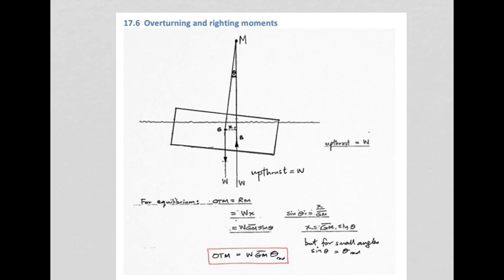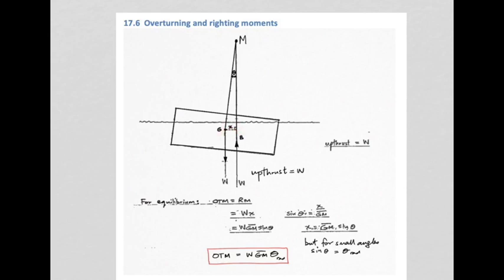And when something is then stable, we have equilibrium obviously, which means that whatever overturning moment is present is equal to a righting moment that is trying to bring it back to where it should be. Now that righting moment is, after all, the upthrust, which we said acts through point B, wherever that might be, multiplied by some sort of moment arm.